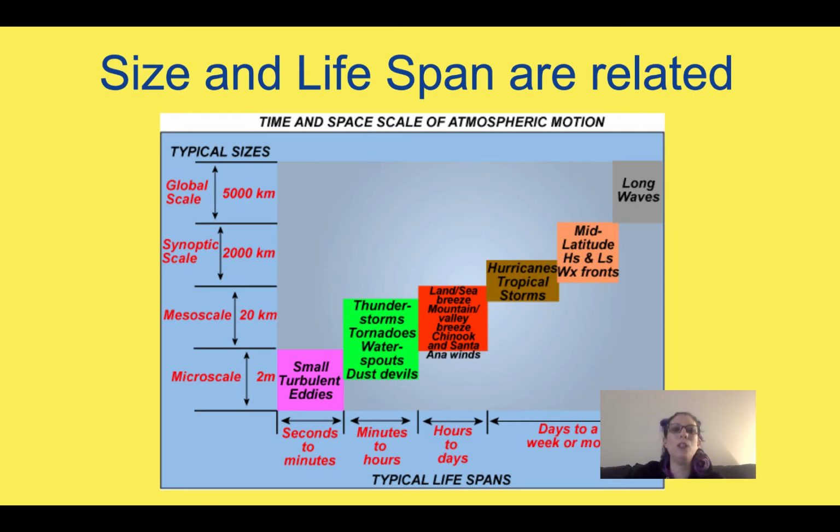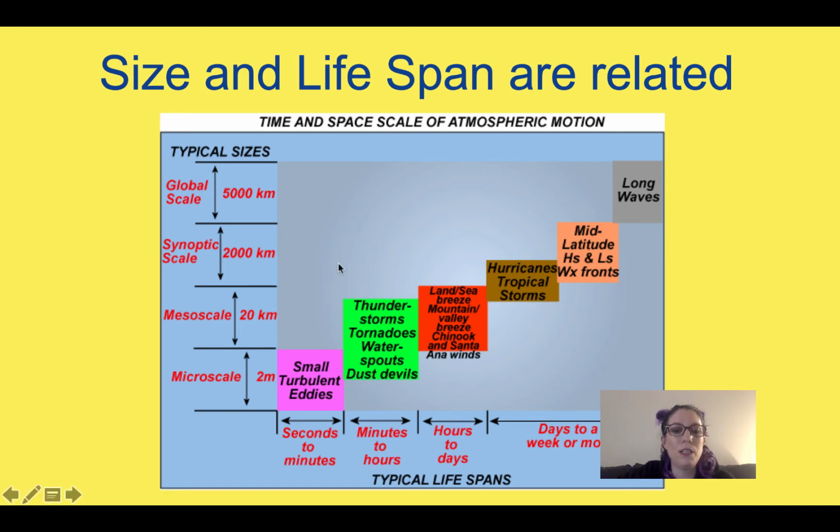Okay, like I said, we're going to go into the size and lifespan here. They're definitely related in the manner that the larger the phenomenon, the longer the lifespan. And by the flip of the coin, the smaller the phenomenon, the shorter the lifespan.